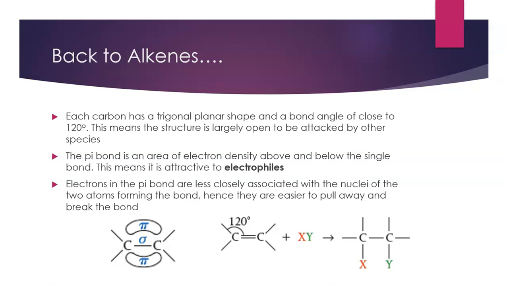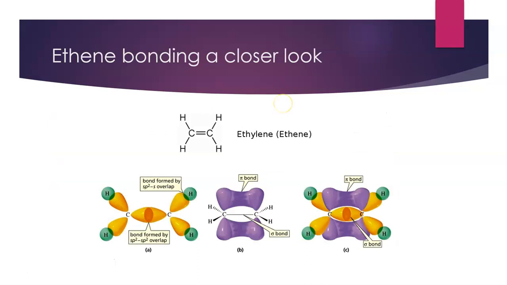And electrons in the pi cloud are less closely associated with the nuclei, so they're less tightly held. So they're going to be easier to pull away, to break apart, and to form a new bond with, which is exactly what we see in our addition reactions. So just remembering the last look that we had at ethene, we had the two s and p orbital overlap here.